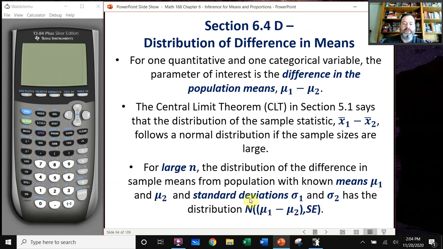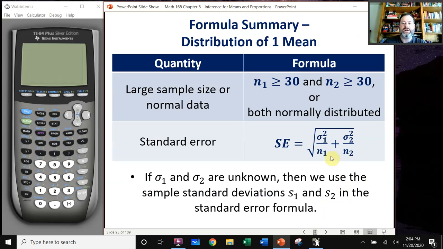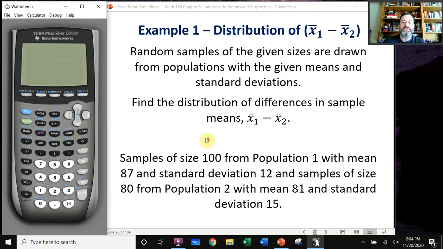It's normally distributed, centered at the population parameter, variability given by the standard error. So there's our standard error. So the center of the distribution is mu1 minus mu2, right? So 87 minus 81. So there we go, the distribution is centered at 6.